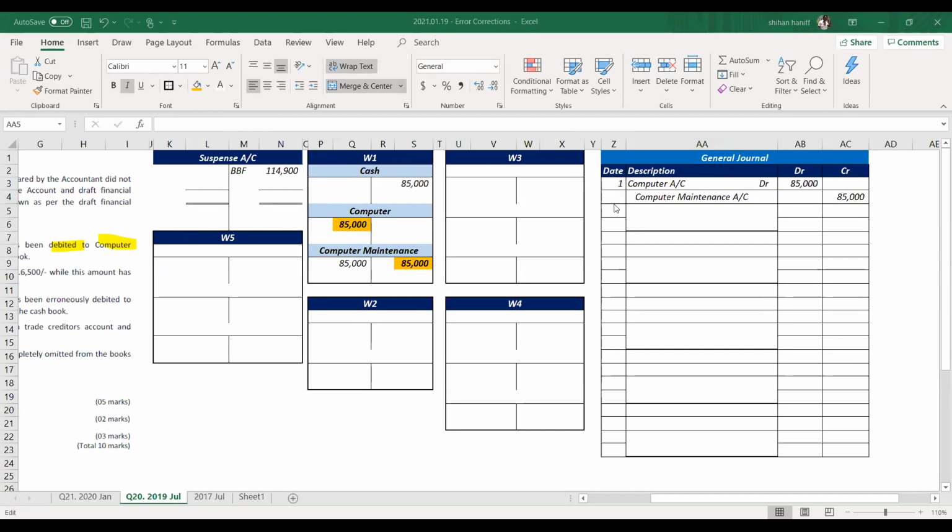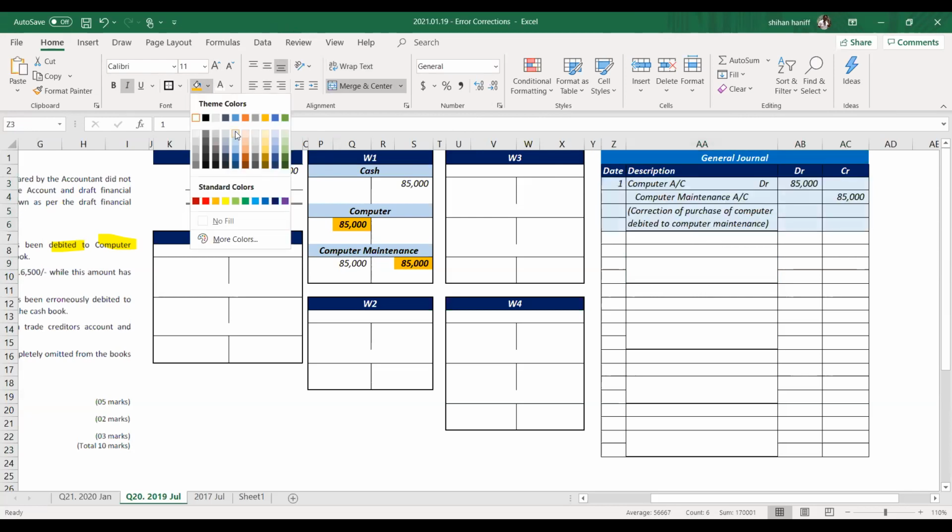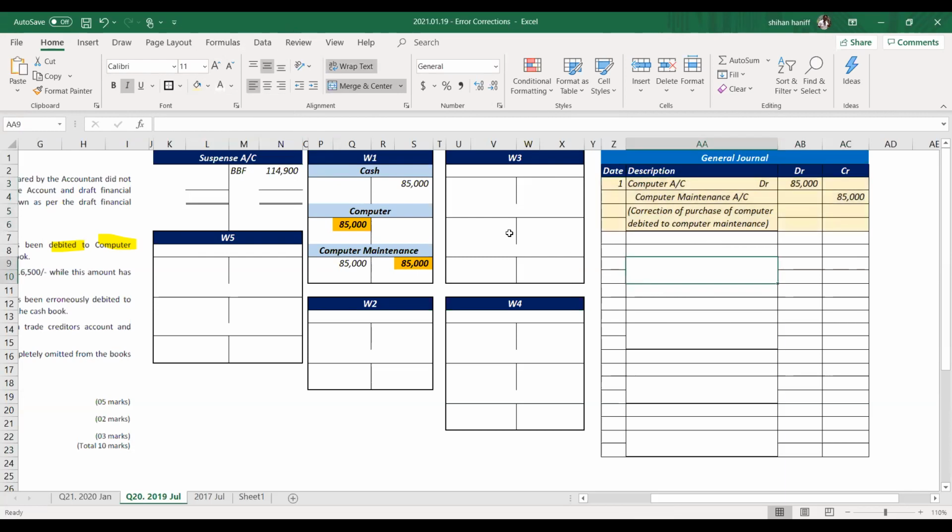Correction of purchase of computer debited to computer maintenance account. Number 1. Computer account debit, computer maintenance account credit.